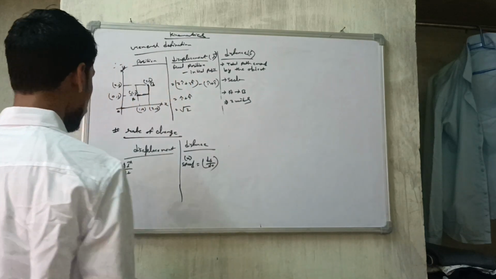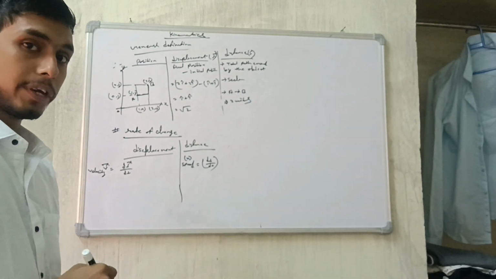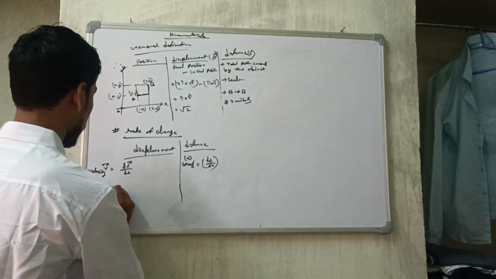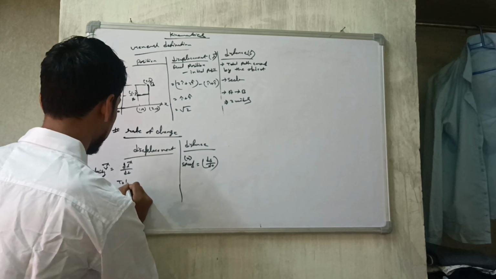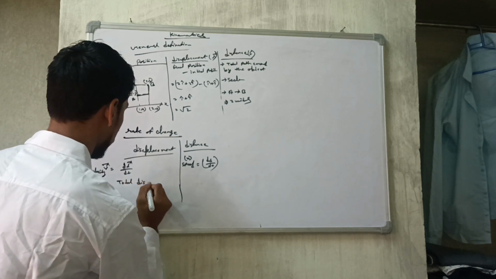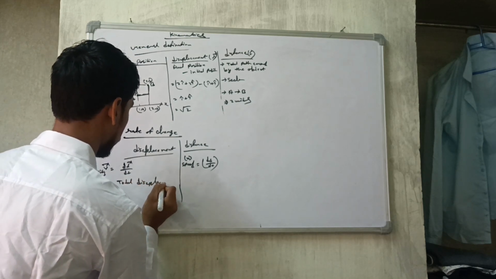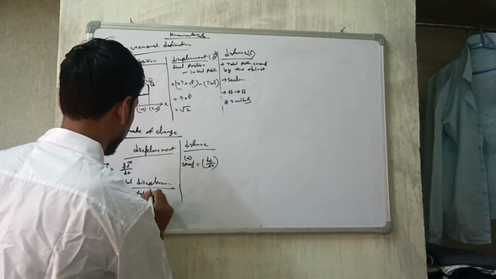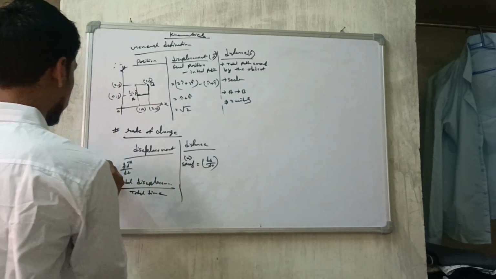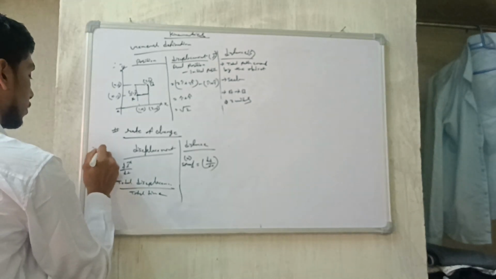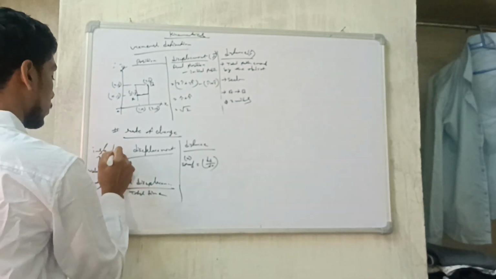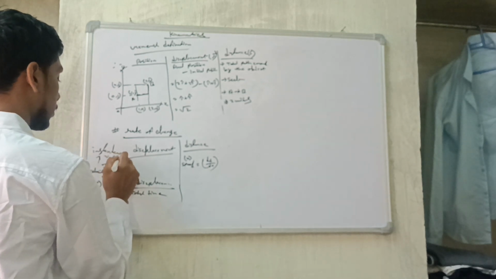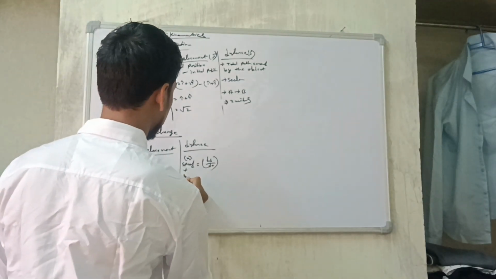Now, what will be average velocity? Average velocity will be total displacement upon total time. And there is instantaneous velocity and instantaneous speed.